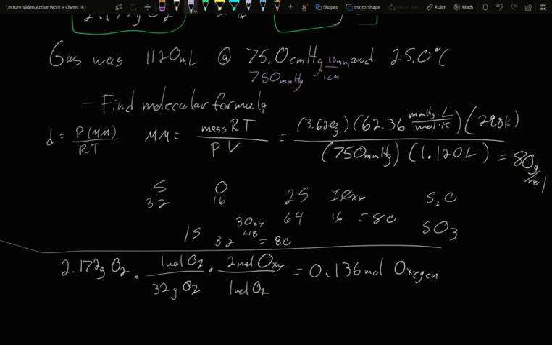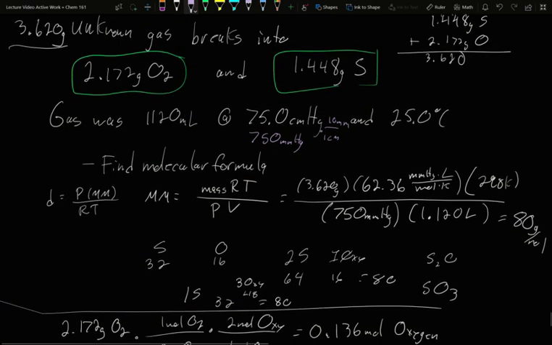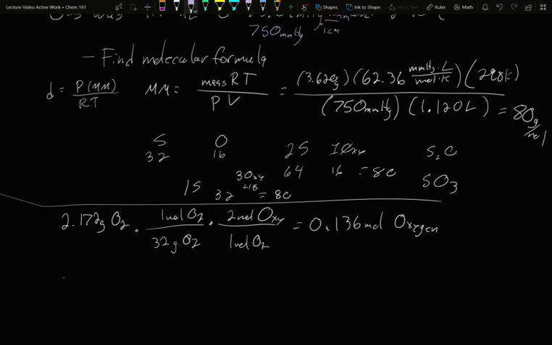If we do the same thing for sulfur, well, sulfur had 1.448 grams of sulfur at 32 grams of sulfur in 1 mole of sulfur. And, well, I don't need to do the next part. We're already at 1 mole of sulfur. I didn't have to break it apart.